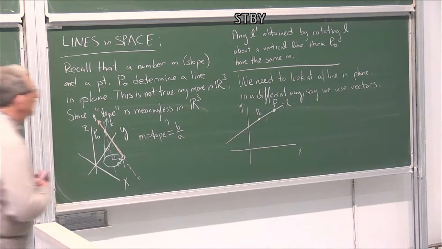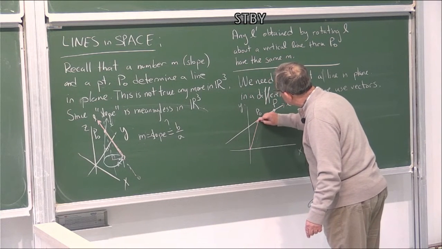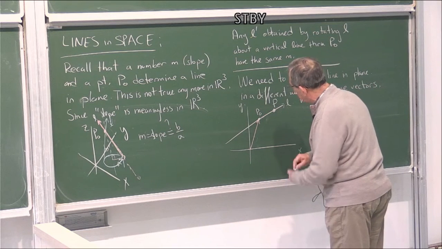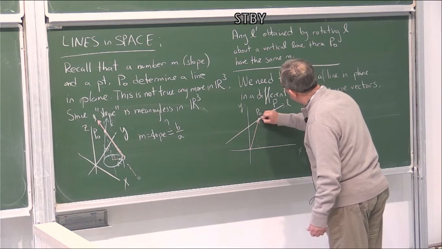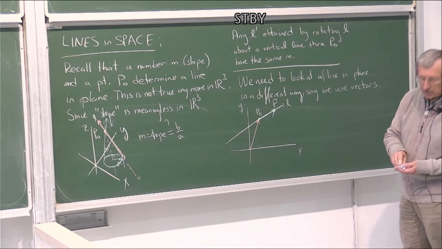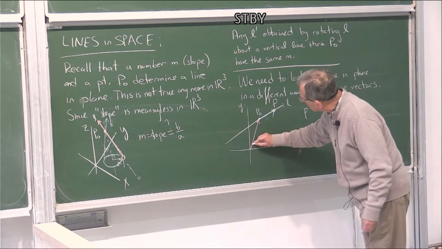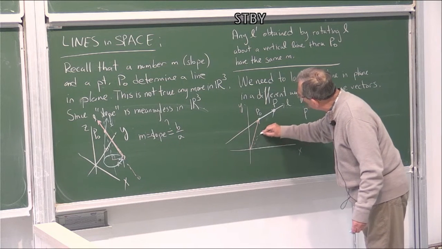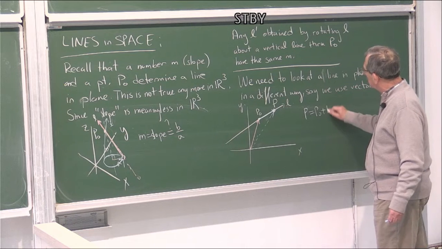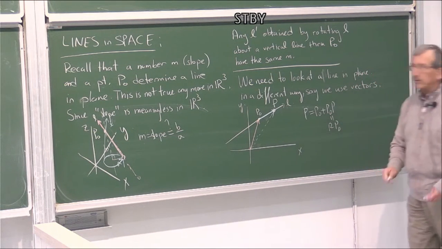I can start from the origin, go to P0 as a vector, and then continue by a different vector to P. This is clearly true, namely, P as a vector would be P0 plus P0P, because this is P minus P0. So this is trivially true.